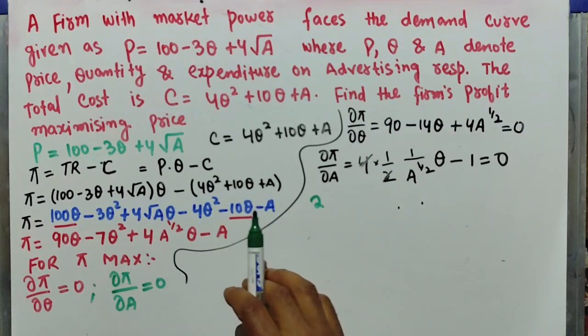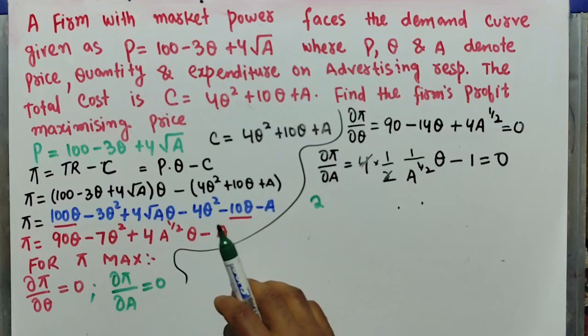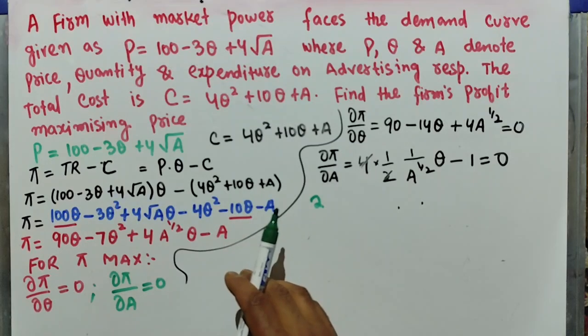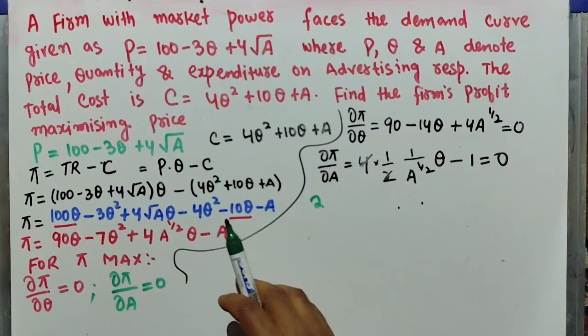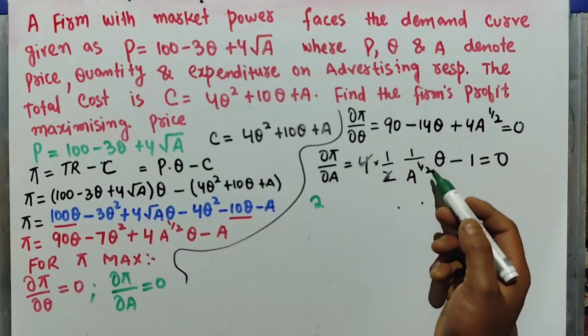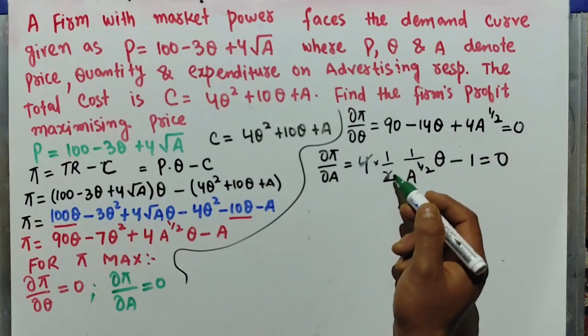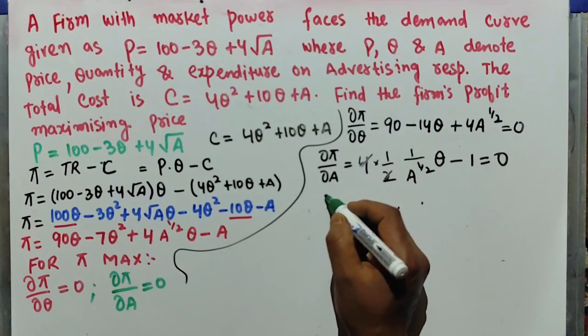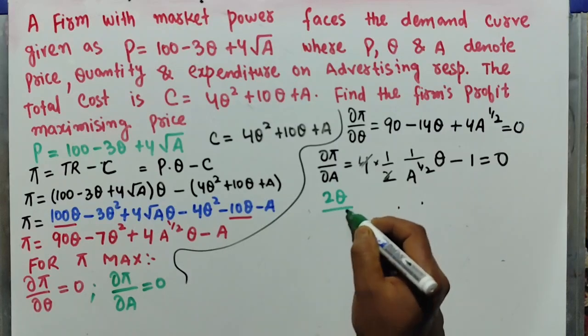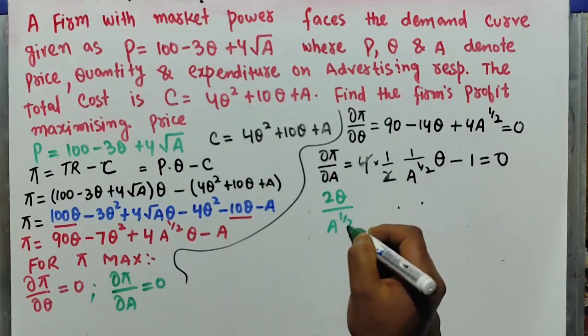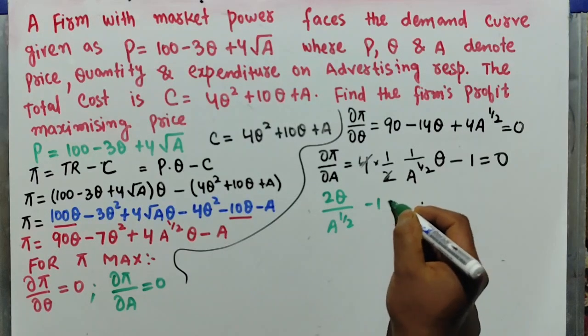So we have the partial with respect to a. When we take the partial with respect to a, we get 2q upon a raised to the power 1 upon 2 minus 1 is equal to 0.